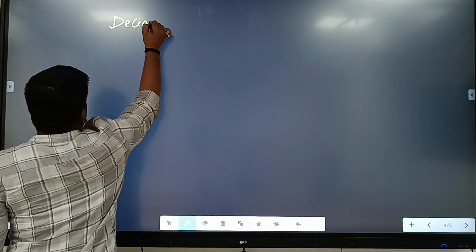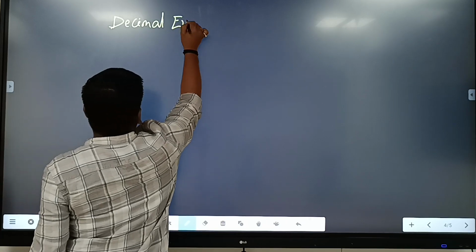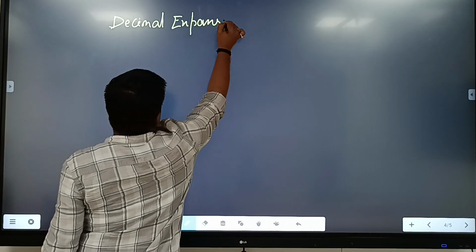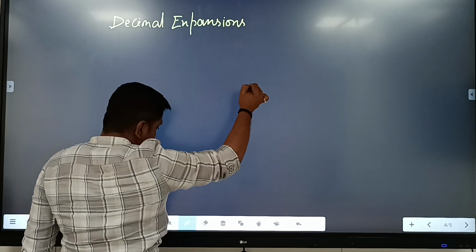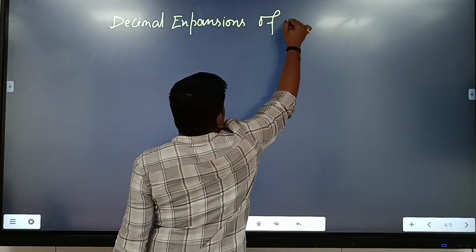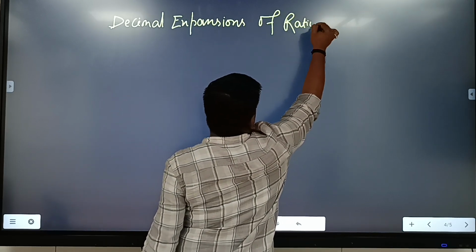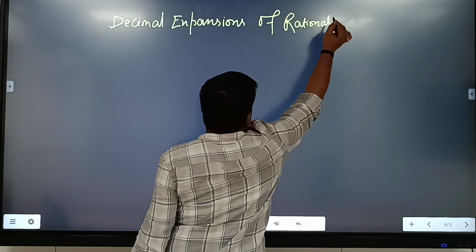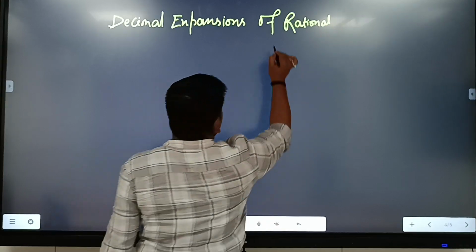The decimal expansions of rational and irrational numbers. So let me write here decimal expansions of numbers.